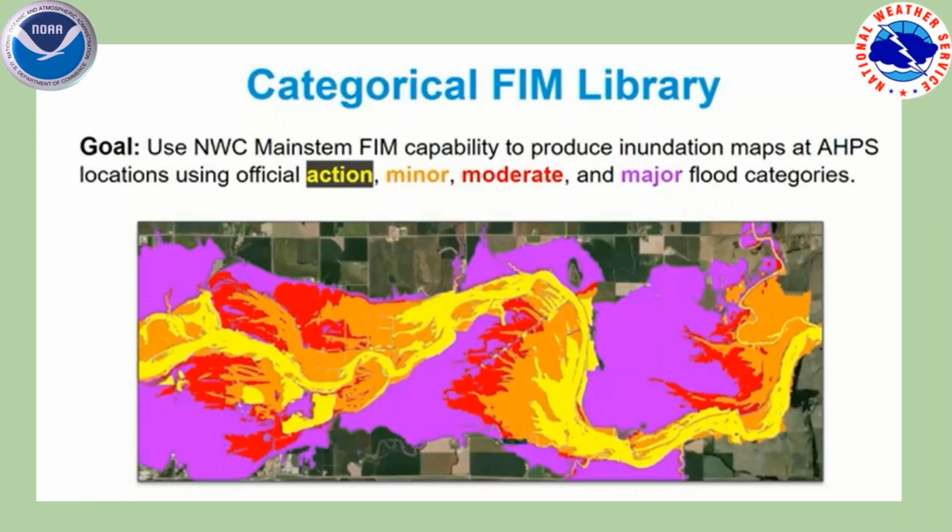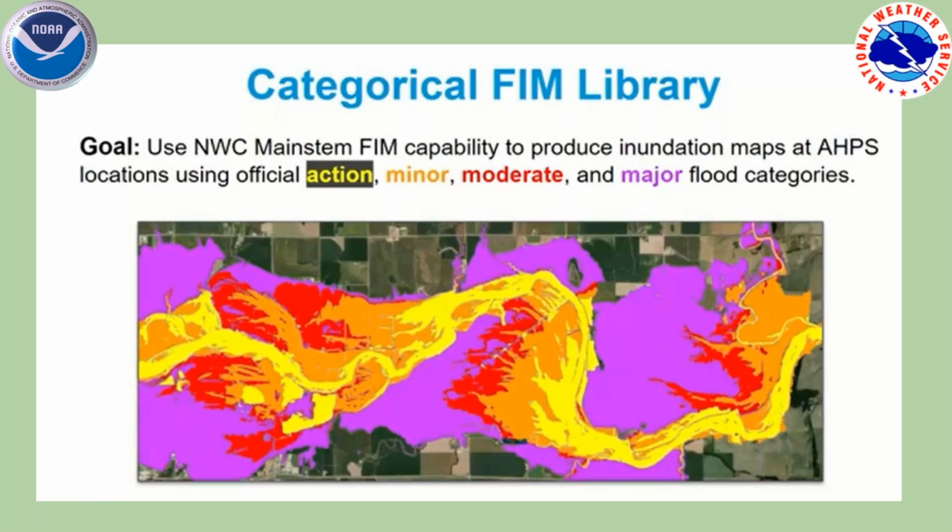But one thing we do have already is called a categorical flood inundation mapping library. So they've done this already for just about all of the river gauges as the forecast points. And then they use color coding to match up with the colors they use on the points in AHPS.